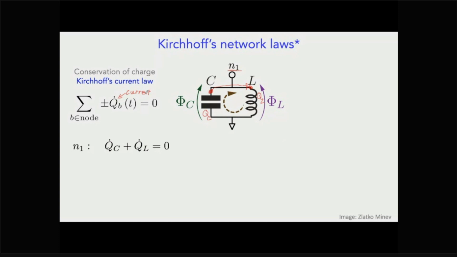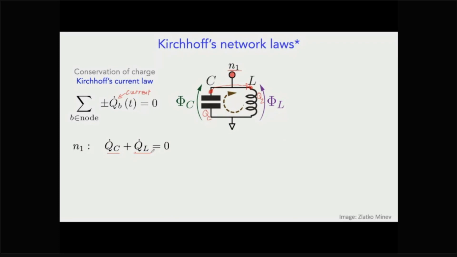We don't need to concern ourselves with too much detail on the signs, because I can give you an example. Let's look at node 1 in the circuit, which is this node. There is a current going into this node due to the capacitor and a current going in due to the inductor. Well, their sum has to be 0.